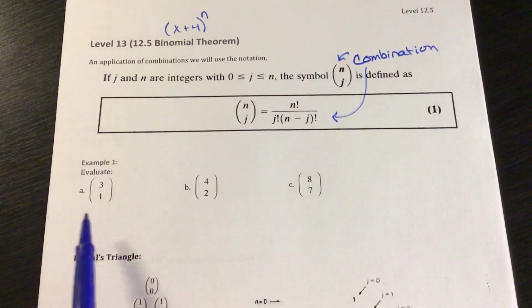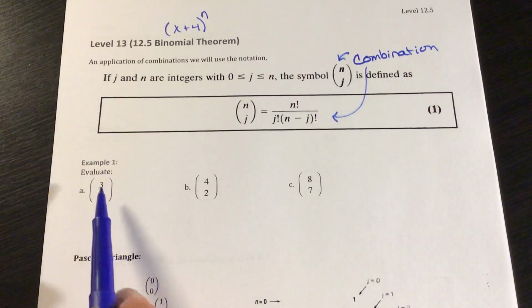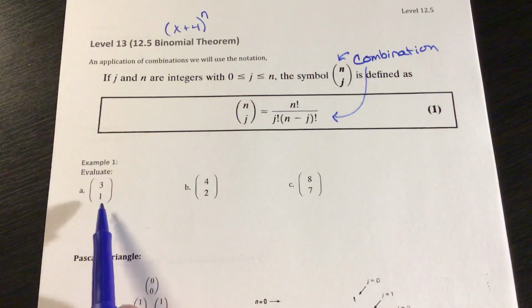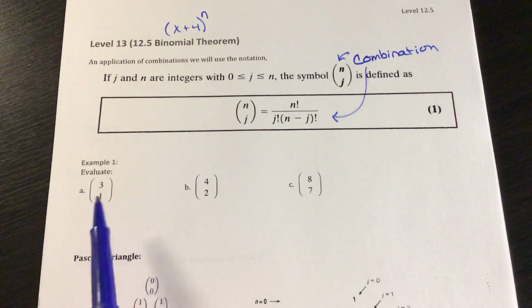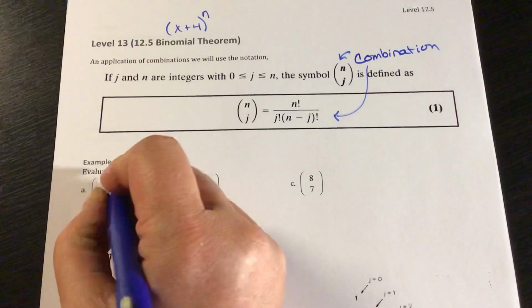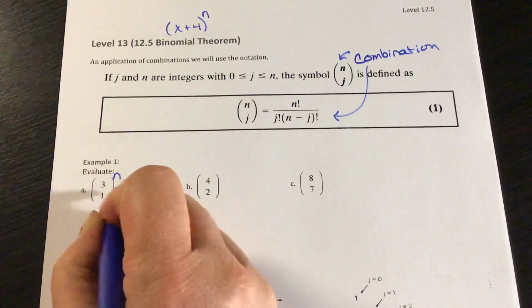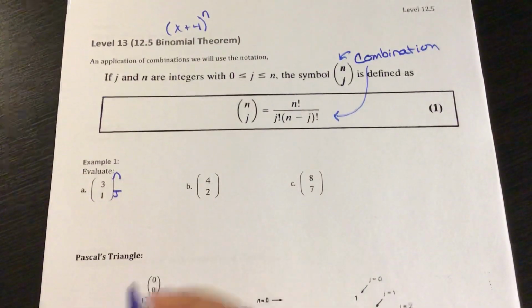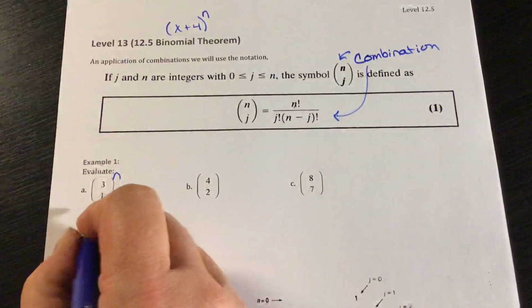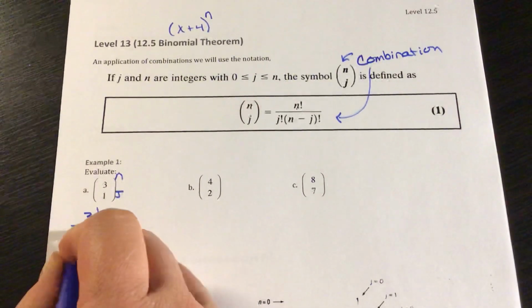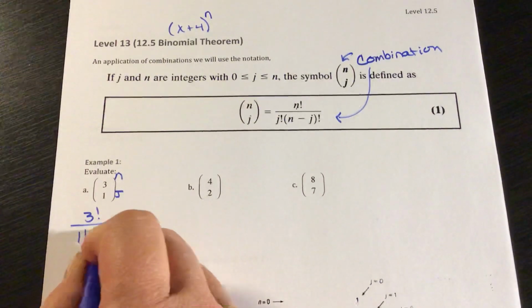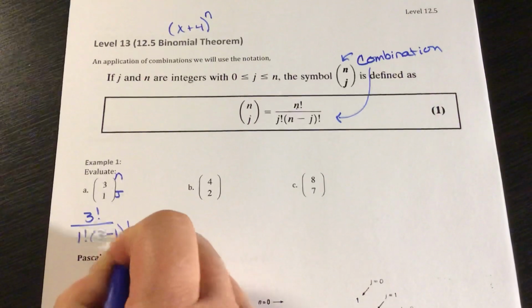So if I have 3 and I'm choosing 1, how many ways can I do that? Well, 3 is our N and 1 is our J. So I'm going to have 3 factorial over 1 factorial and then 3 minus 1 factorial.